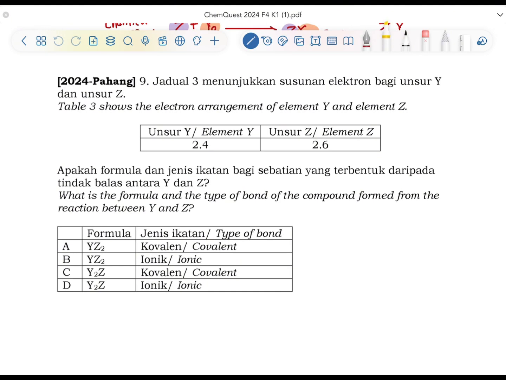This is the question that shows the electron arrangement of the elements Y and Z. Given that element Y has the electron arrangement of 2.4 and element Z has the electron arrangement of 2.6, what is the formula and the type of bond formed from the reaction between Y and Z?